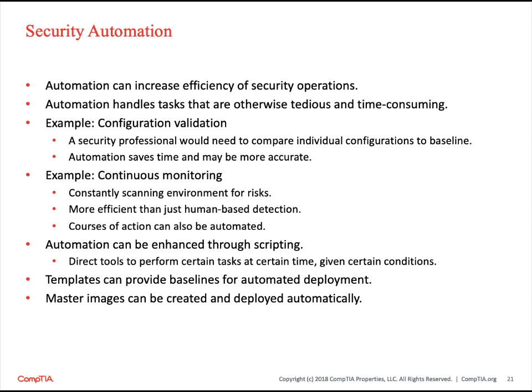And then another task that is commonly automated will be continuous monitoring. All right, so this is going to be constantly scanning the environment for risks. We're going to be scanning for threats, vulnerabilities, stuff of that nature, right? So it's going to be more efficient than human-based detection. And then we can also automate an action to this monitoring, right?